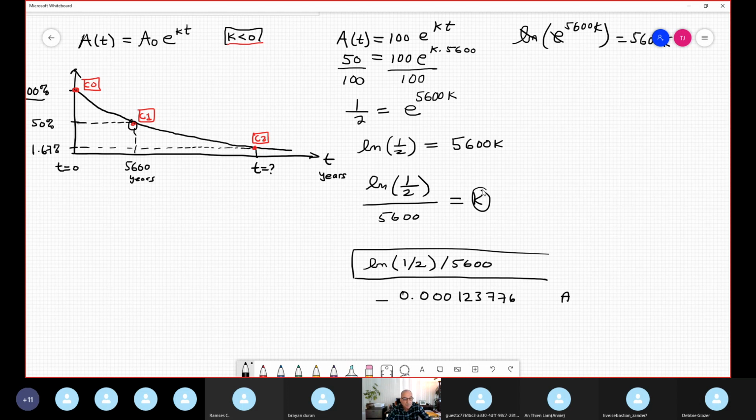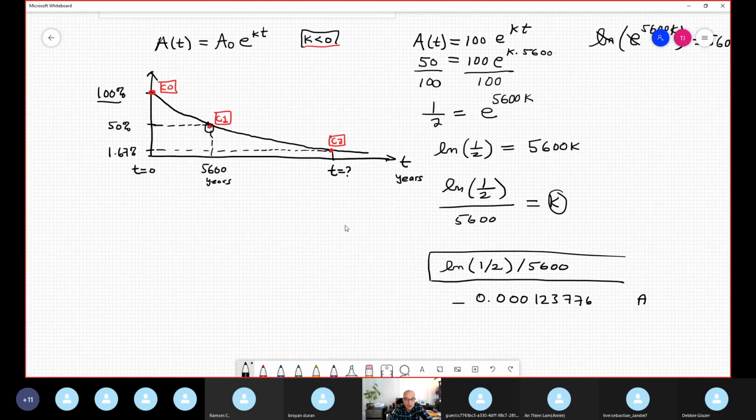In the second part of the problem, we come back to the original equation: amount of substance at any time is equal to 100 exponential KT. But I know in condition 2, the concentration of carbon-14 is 1.67.